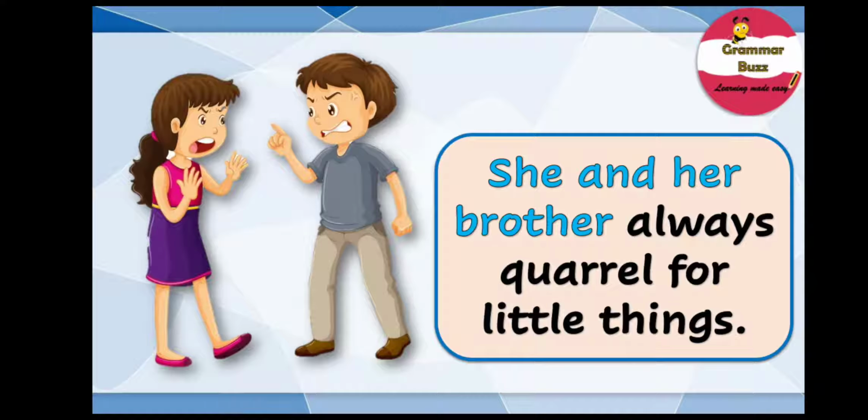So, who is the sentence about? What's the subject here? Good job. The sentence is about she and her brother. She is a pronoun while brother is a noun. So, what do we notice? That a subject can be a noun or a pronoun. In this sentence, she and her brother is the subject because this sentence is all about she and her brother. Both she and her brother are the doers of the verb or action, quarreling for little things.